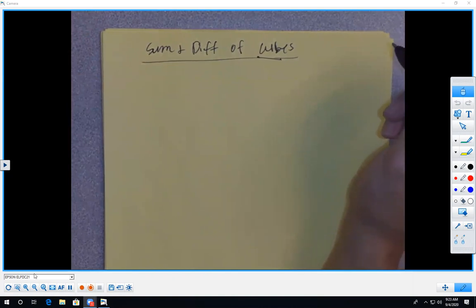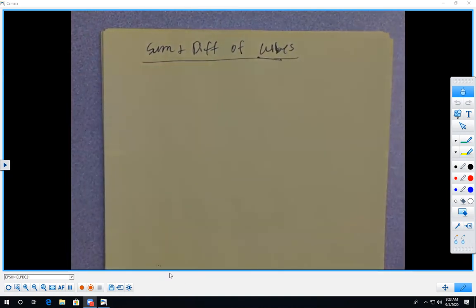Instead of being perfect squares, now they're going to be perfect cubes. What's a perfect cube? What does it mean to be a cube? Something that's been raised to the third power, right?